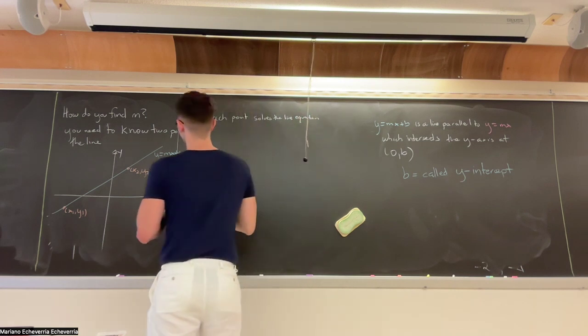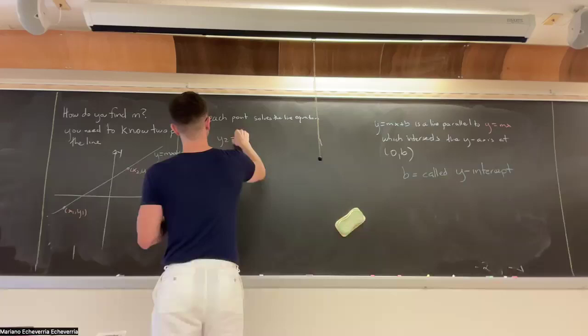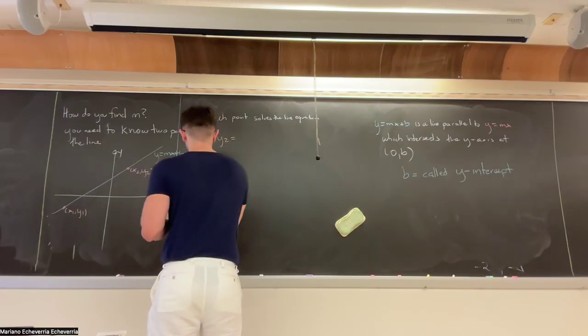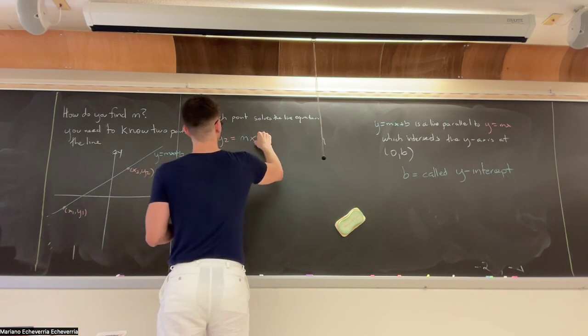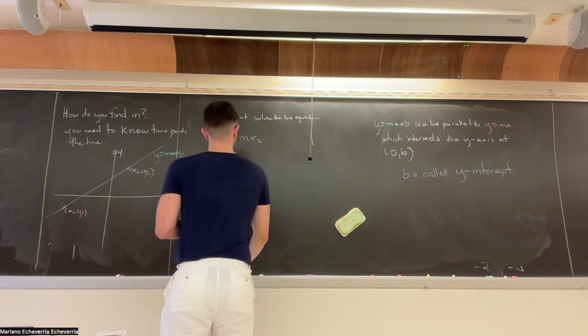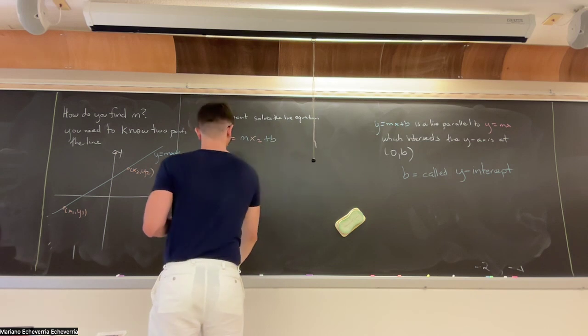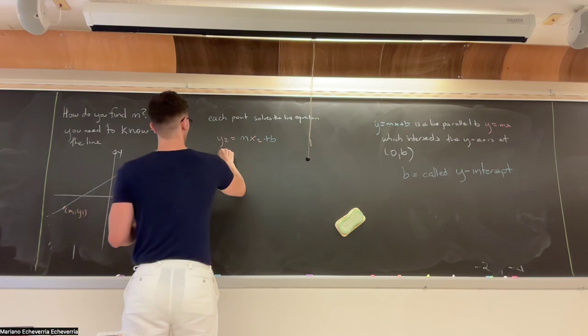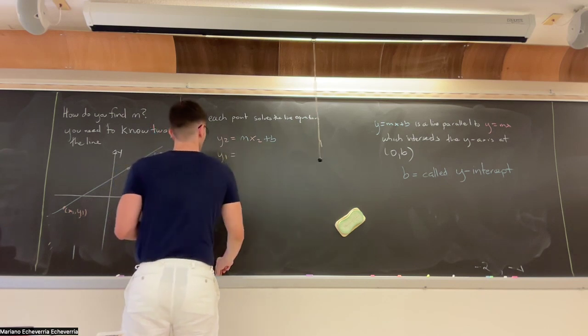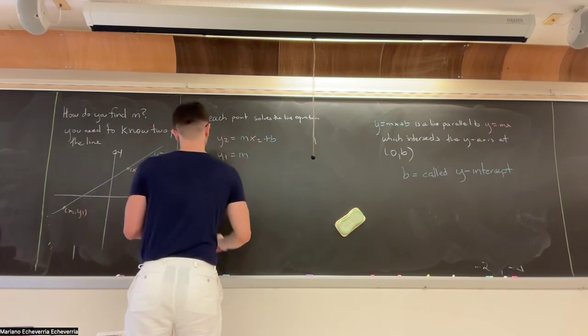You have that y2 must be mx plus b, but x is now x2 for this point. And then you also have that y1 is m x1 plus b.